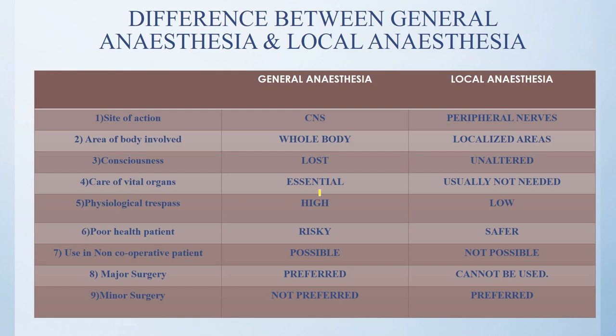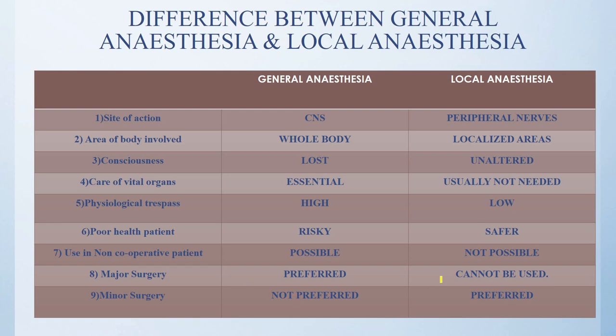Care of vital organs: essential versus usually not needed. Physiological trespass is high versus low. Poor health patient: it is very risky to provide general anesthesia, local is much safer. Use in non-cooperative patient: possible versus not at all possible. Major surgery: general is mainly preferred, local cannot be used. For minor surgery: general not preferred, local is preferred.